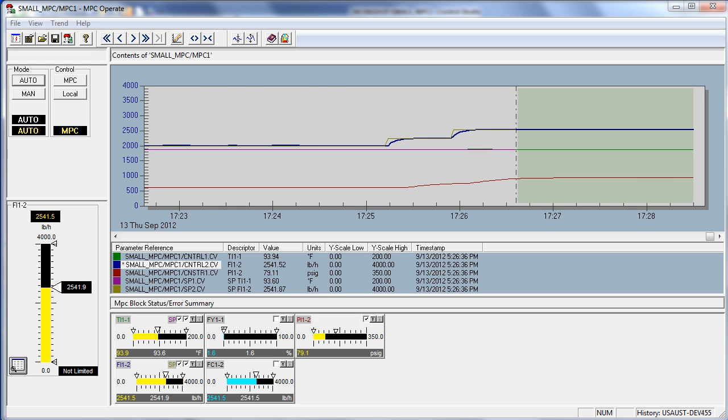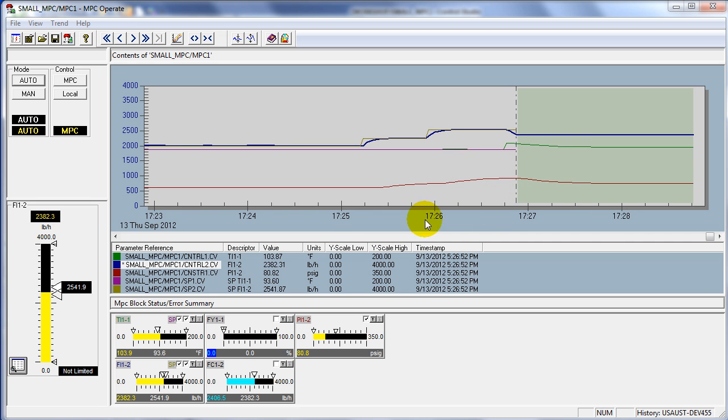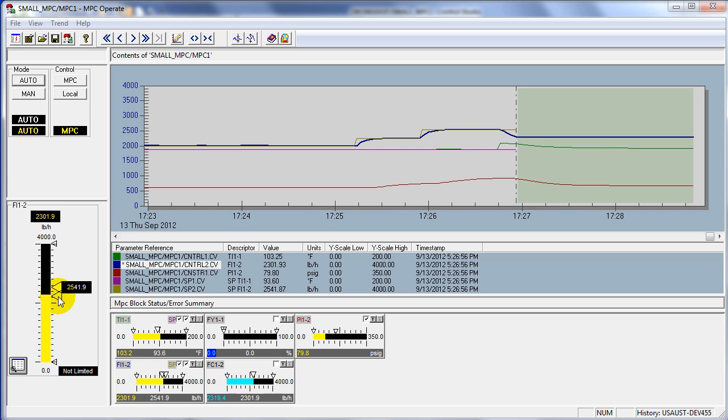To demonstrate what happens when we have changes in the process, say the cooling capacity is decreased, maybe the cooling media has increased in temperature, we introduce a disturbance. And we see that immediately, as a result of the decreased capacity of cooling, the temperature has gone up.